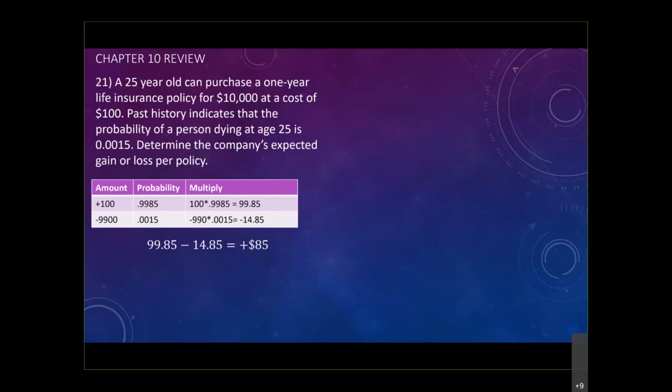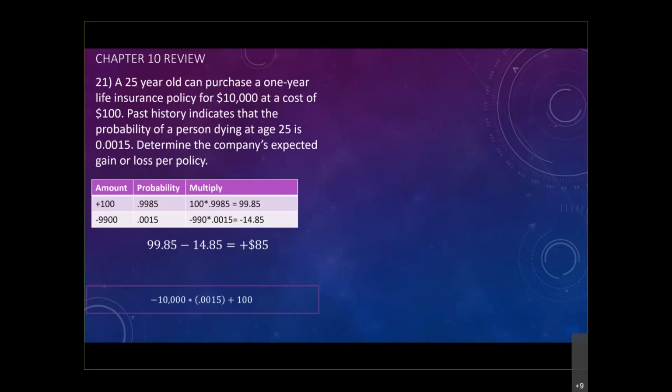Whoever took the test, or if you did the homework online on ALEKS, they show you the other way. The other way is, if you don't want to deduct the gain and the loss, basically you take whichever gain or loss the company has and multiply it by the probability, right?